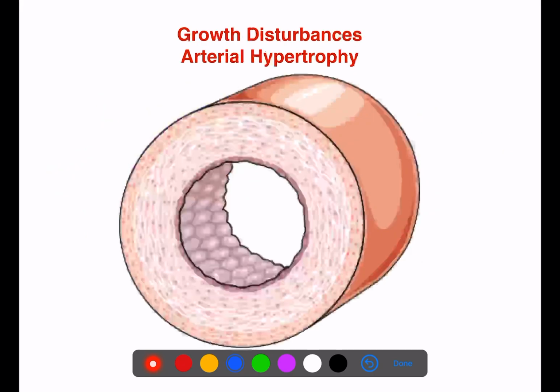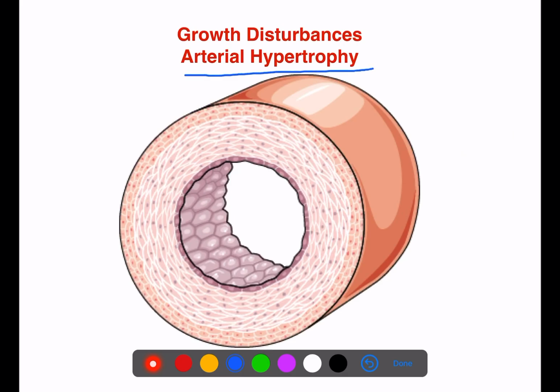Regarding growth disturbance within the artery, the main type is called arterial hypertrophy, which means an increase in the tunica media.